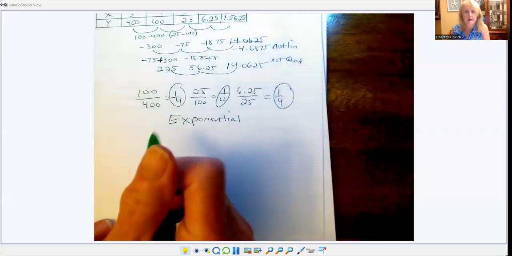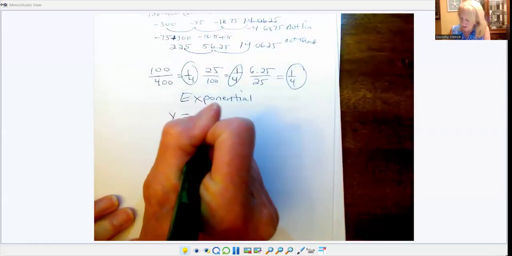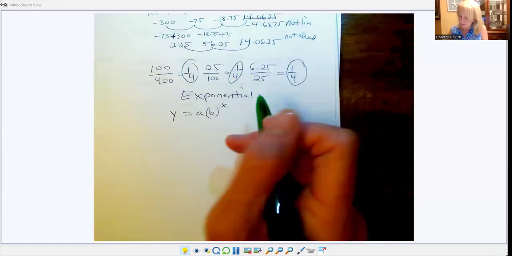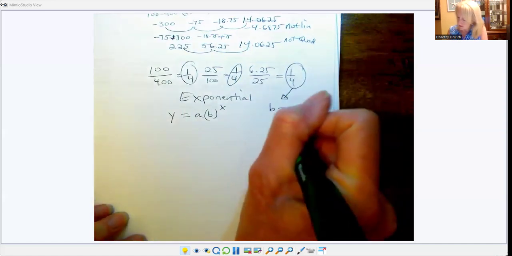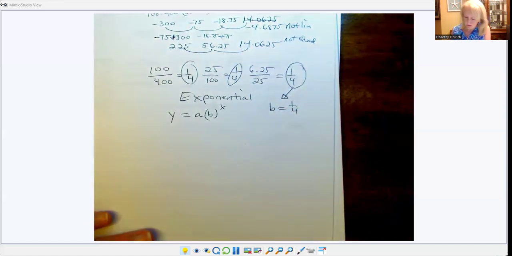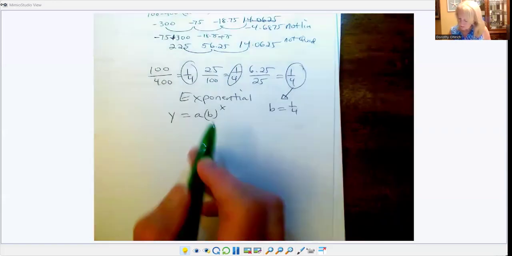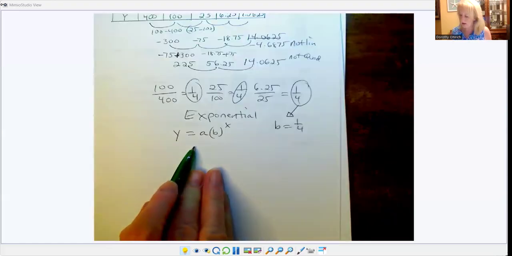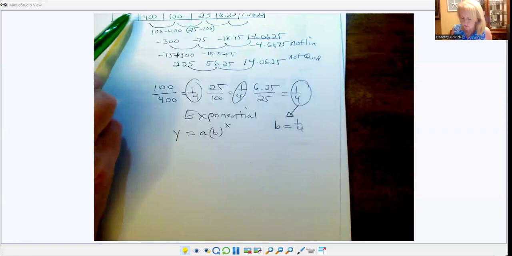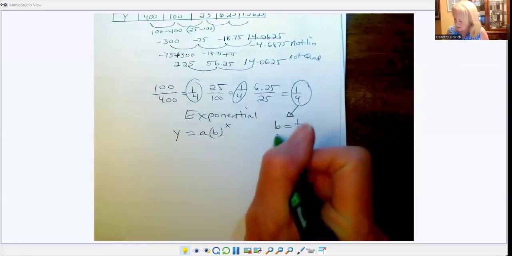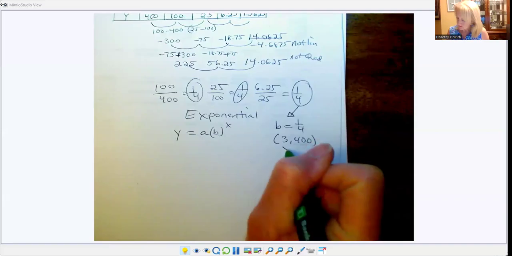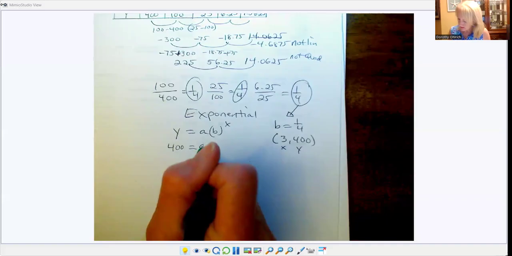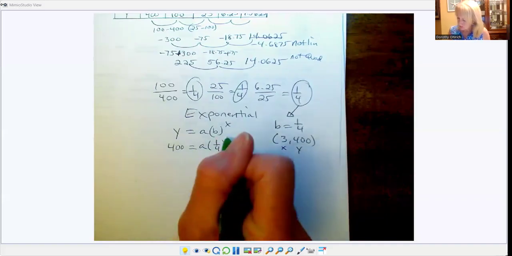Exponential is in the form of y equals a b to the x. And we just found the b. So b is 1/4. To put in x and y, we can choose any point, and then we'll solve for a. So let's choose 400. 3 is the x, 400 is the y. So we'll plug in 400 equals a times 1/4 to the third power.